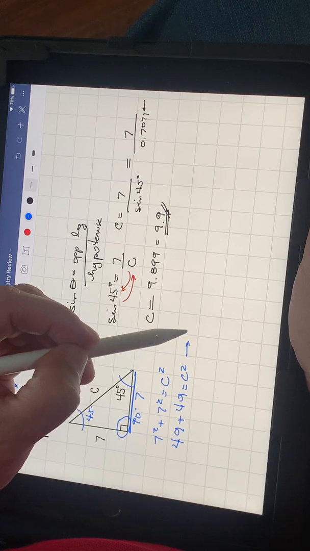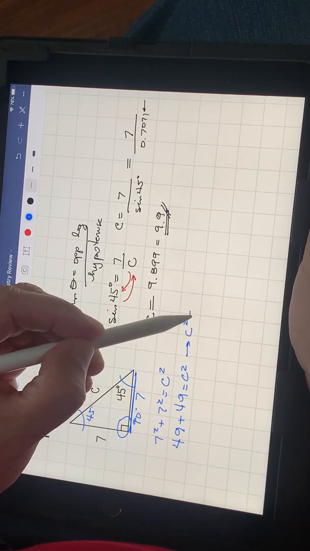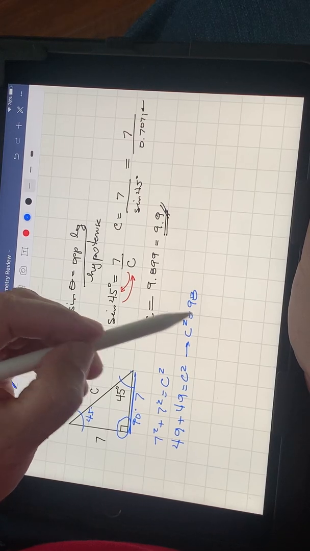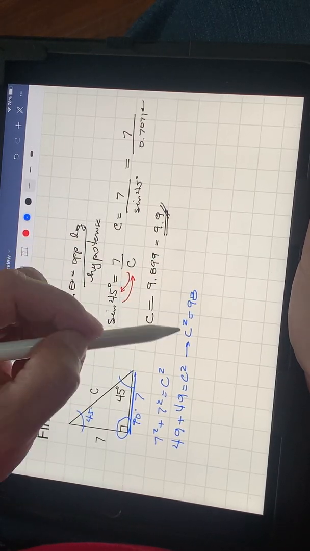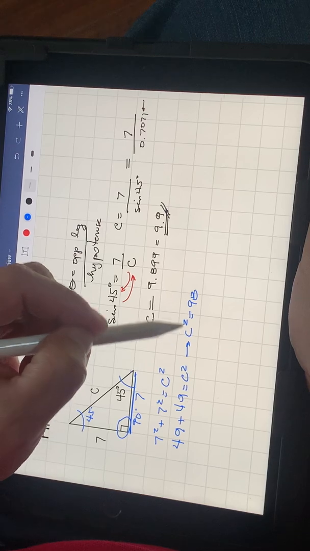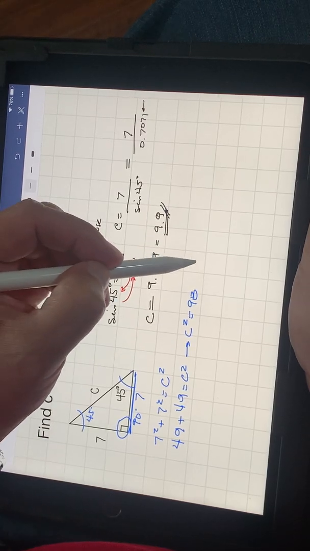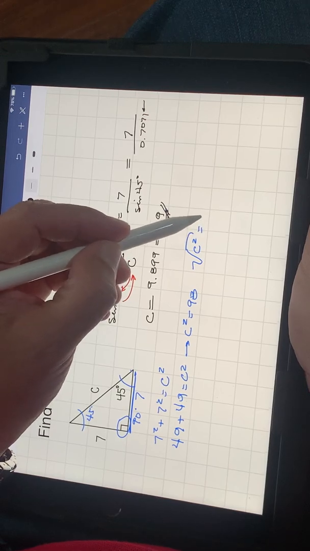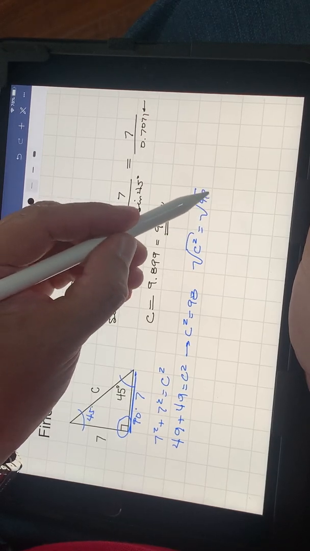Therefore, C squared equals 98. If I want to solve for C, then I have to obtain the square root on both sides of the equation. So I can say that the square root of C squared equals the square root of 98.